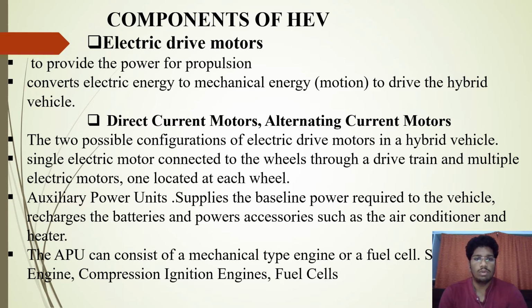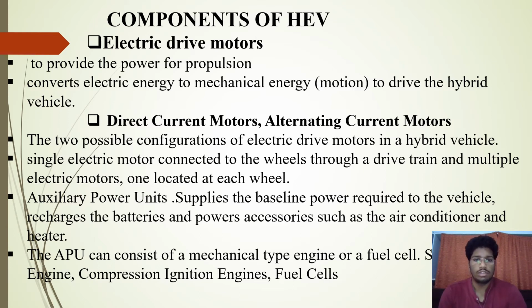The two possible configurations of electric drive motors in a hybrid vehicle are a single electric motor connected to the wheels through a drivetrain, and multiple electric motors, one located at each wheel. This elaborates that each wheel has an electric motor connected through a drivetrain.